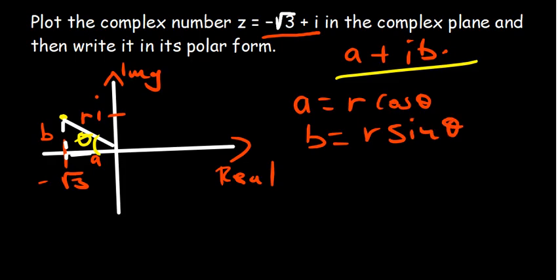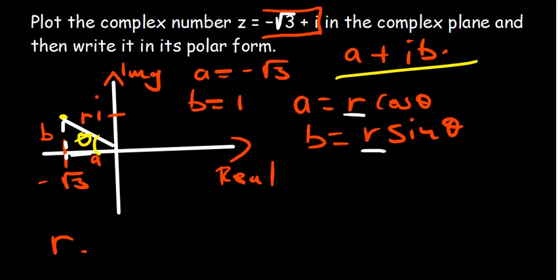Do we know the value of R? We don't know. So how do we find it? The value of R is the absolute value of the complex number. In this case our A is negative root of 3, and our B is the coefficient of i, which is just 1.